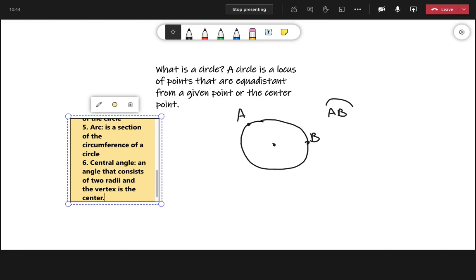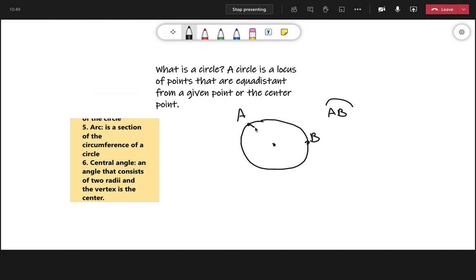So the central angle is an angle that consists of 2 radii, and the vertex is the center of the angle. So an example would be like this. If this was O, the angle AOB would be considered a central angle.